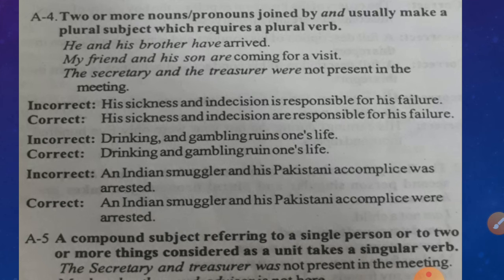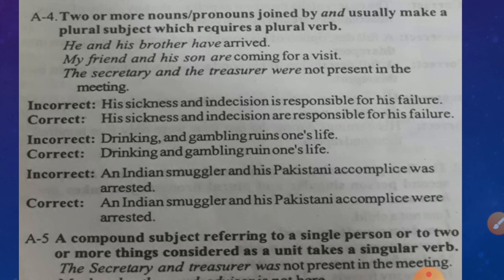Here, my dear student, you can see he is a singular pronoun, third person singular, and his brother is also used in the singular sense. But they have been joined together by a conjunction, and so they will take a plural form of the auxiliary or helping verb. So instead of has, we have to put have.